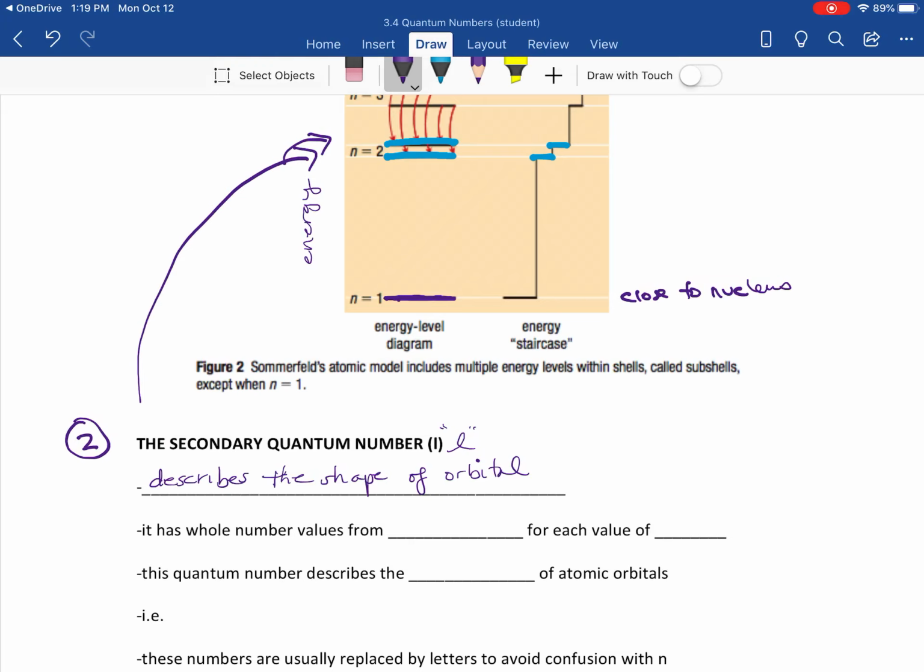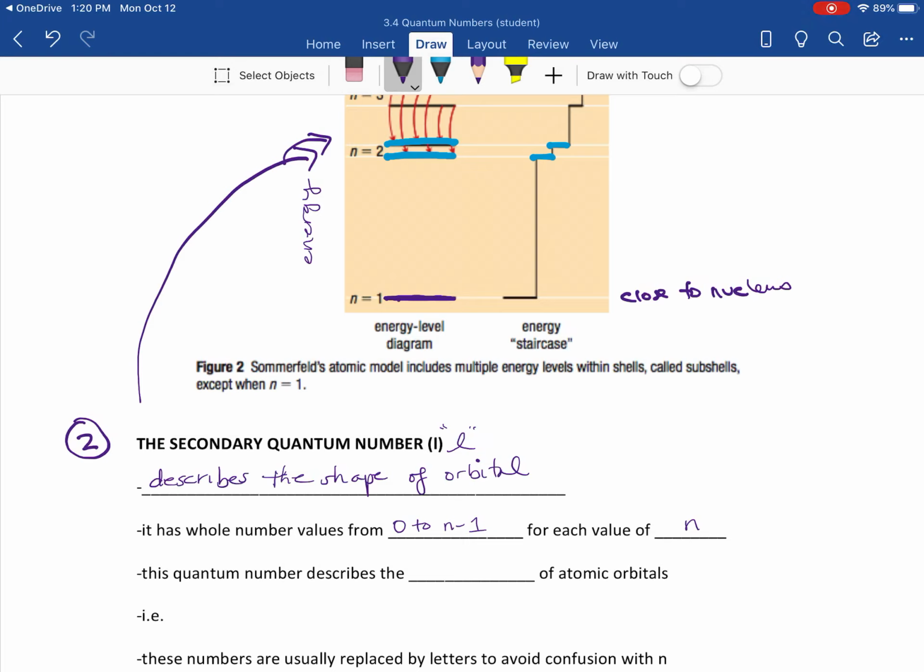Well, that's what we're talking about right now. So remember, this is a mathematical model. So when we talk about the secondary quantum number, it has values from 0 to n minus 1 for each value of n. And I'll explain what that means.